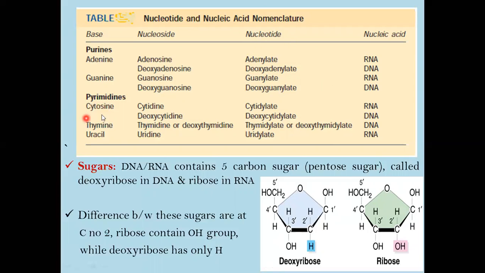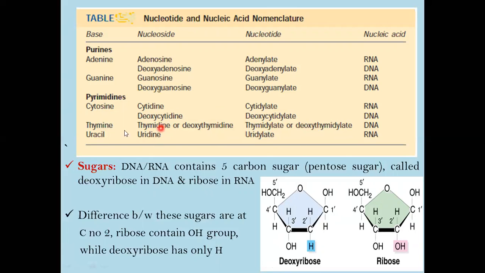Now the pyrimidines. When in the form of nucleoside, cytosine is known as cytidine, which is present in RNA, and deoxycytidine present in DNA. In the form of nucleotide, it is known as cytidylate, present in RNA, and deoxycytidylate present in DNA. Thymine is known as thymidine or deoxythymidine, and thymidylate or deoxythymidylate.